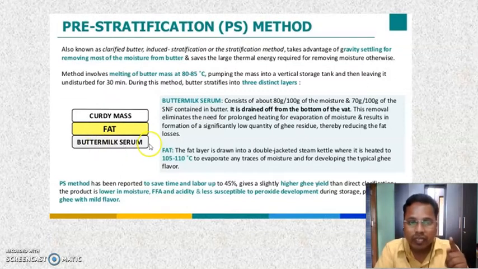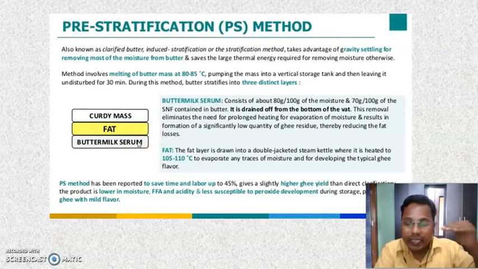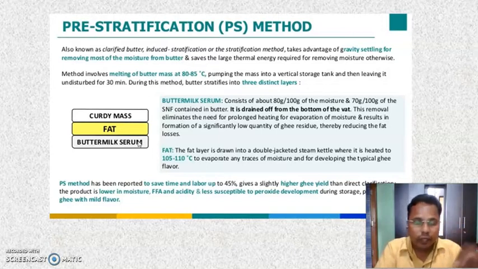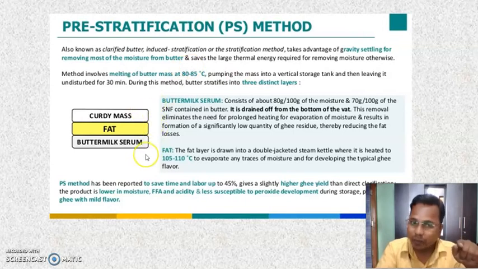This buttermilk serum is the bottom layer, and it is mechanically removed. It means that by using the tap provided to the ghee boiler, by opening that tap and using gravity, this buttermilk is removed from the ghee boiler.